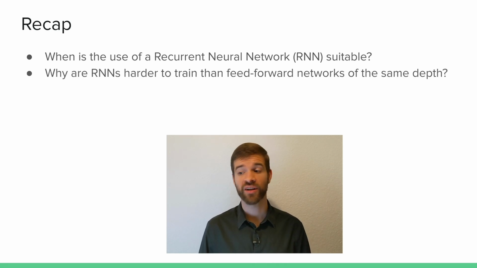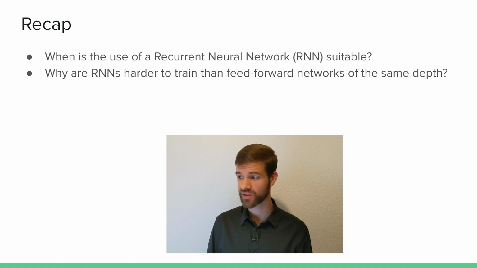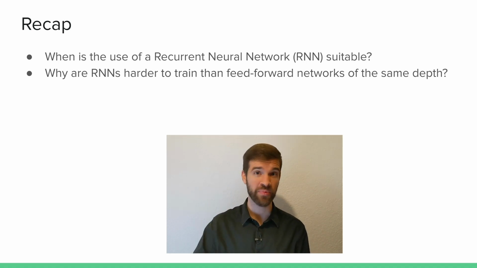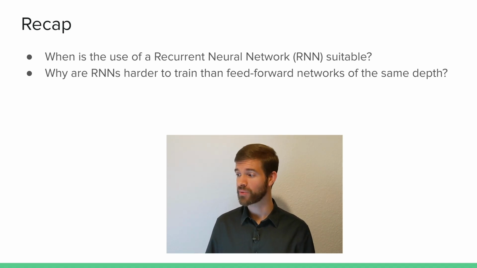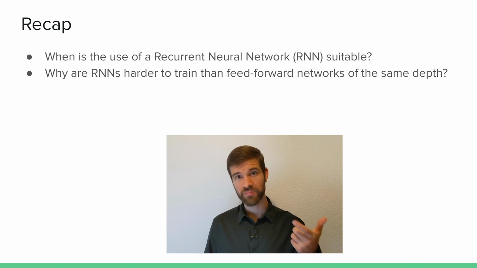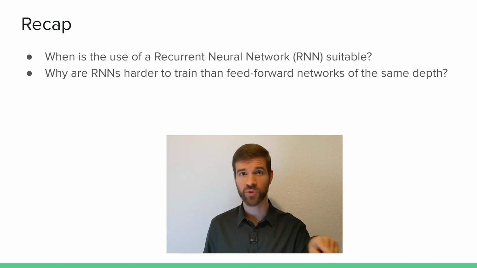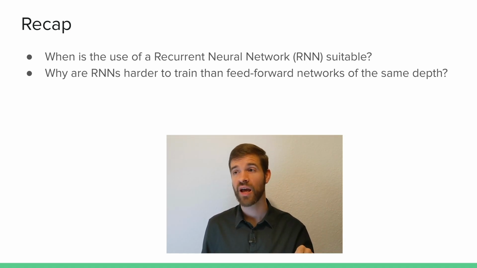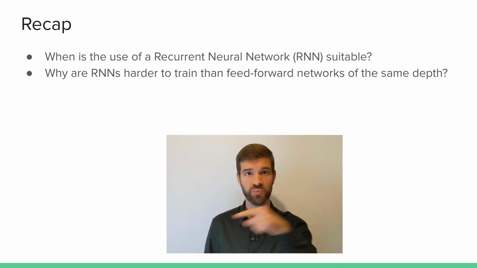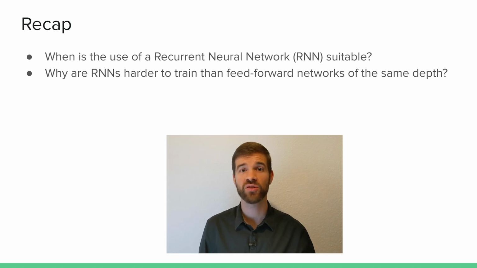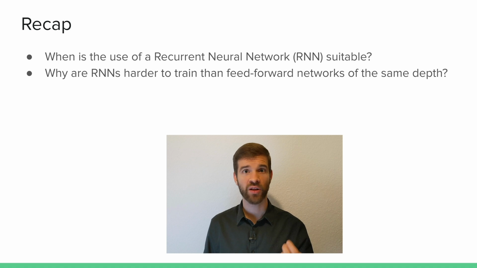Why are RNNs harder to train than feed-forward networks, even if they have the same depth, the same number of layers? Well, the problem is that with parameter sharing, the input in a simple recurrent neural network just gets fed back into the same layer over and over again. And if you just have a plain recurrent cell, which has one output that is directly fed back into the input, you will have the issue that whatever value you feed in there gets multiplied by the same matrix over and over and over again.